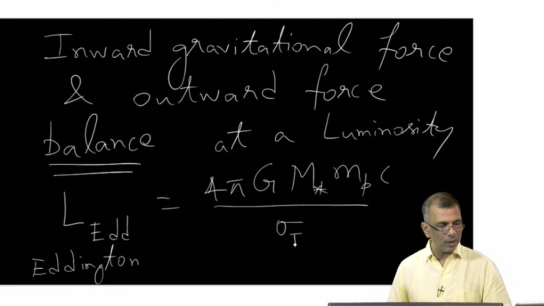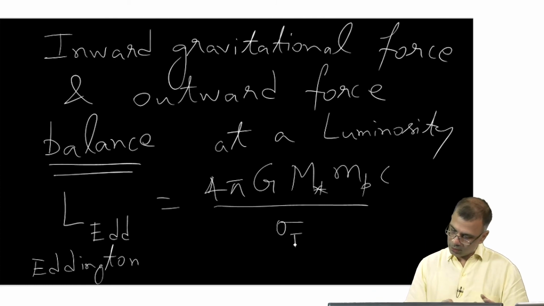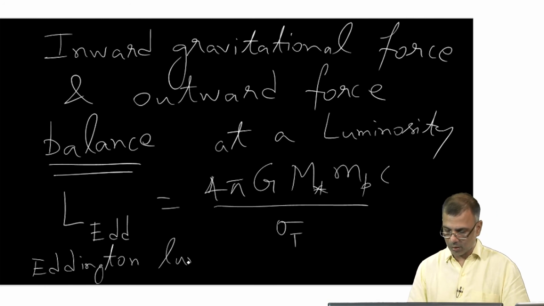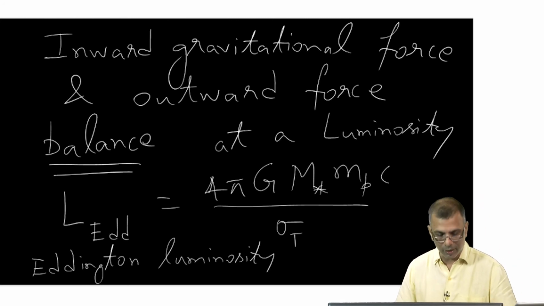So you cannot accrete beyond a certain limit, and so this is what's called the Eddington luminosity. So what does this have to do with the accretion rate?